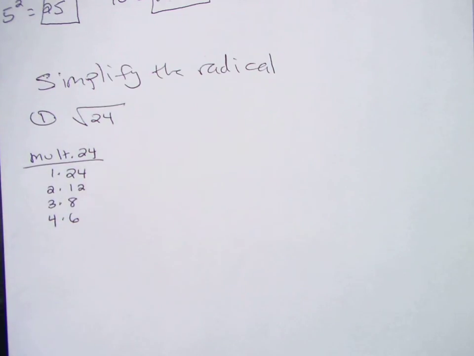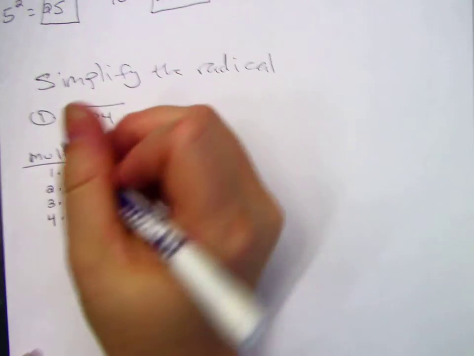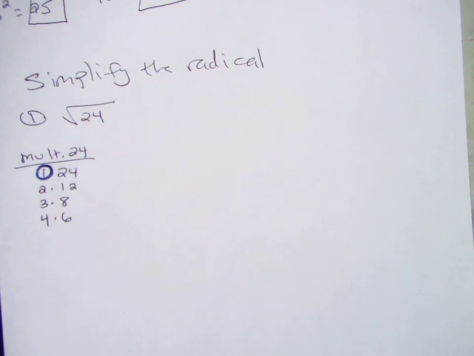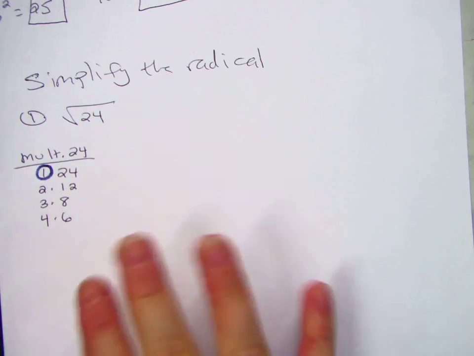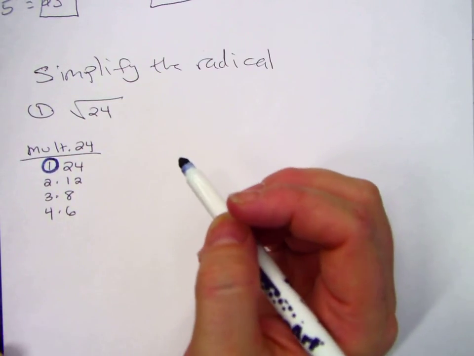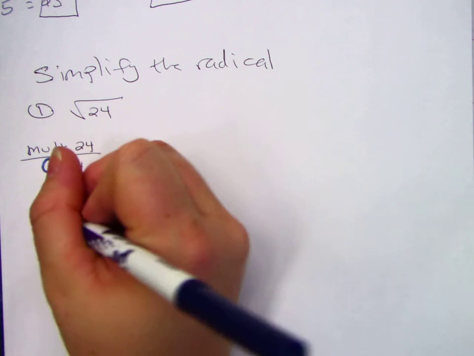And then I'm going to go through and circle anything that is a perfect square. Is 1 a perfect square? Yes, I'm going to circle it. Is 24 a perfect square? No. 2? No. 12? No. 3? 8? 4.